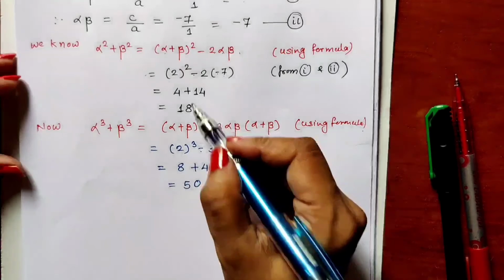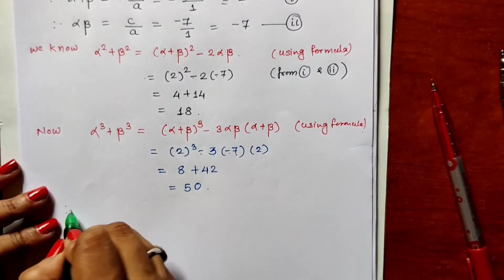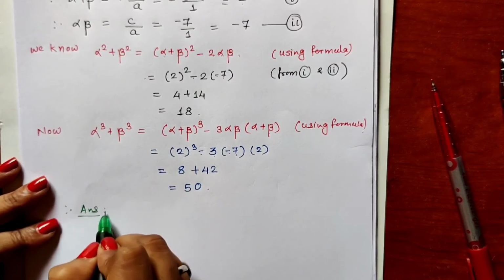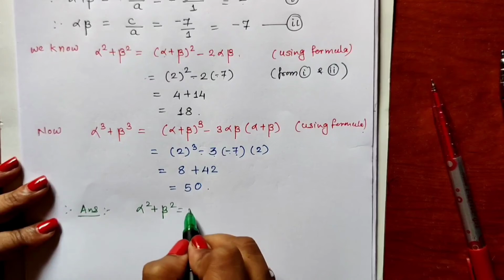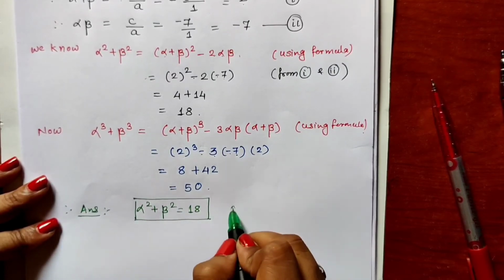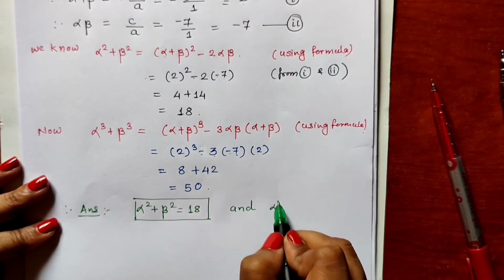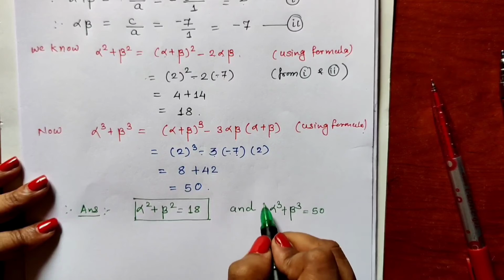So in this way we have got both these values. So the answer is, therefore, alpha square plus beta square is equal to 18 and alpha cube plus beta cube is equal to 50.